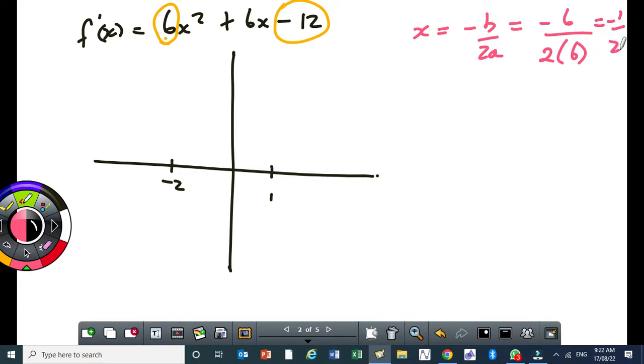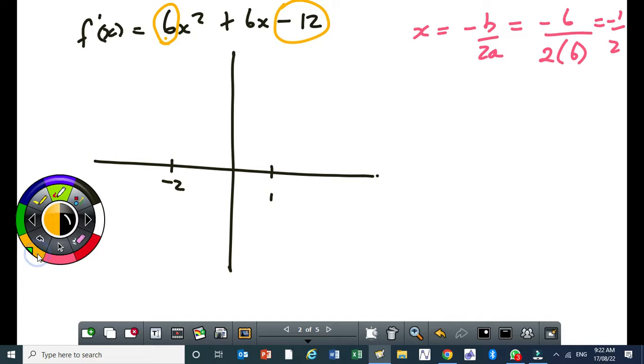Okay? But what is the value of y when x is minus a half? Now to find that value, we may have to substitute x equals minus half into the first what? First derivative. Okay? But I'm not going to worry about that. So let's say minus a half is somewhere here. I'm just going to approximate it. Let's say 1 is here.